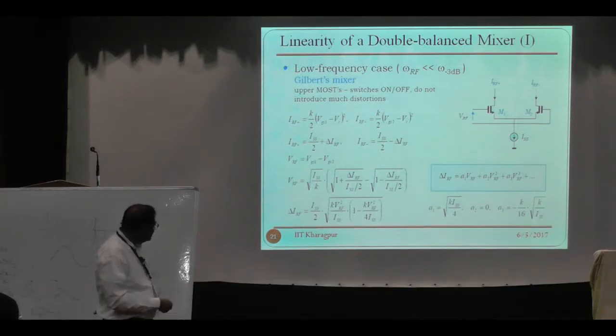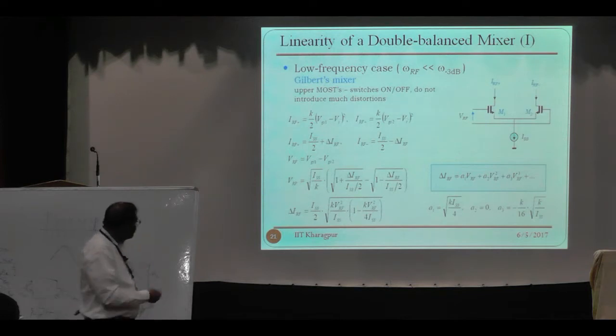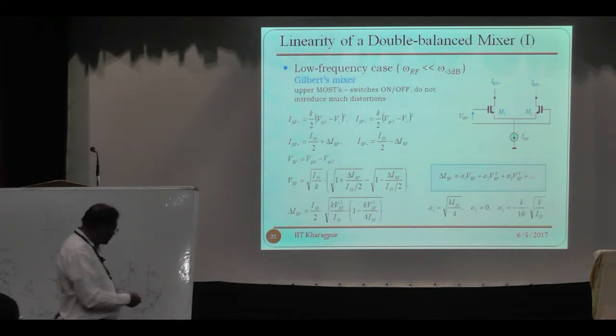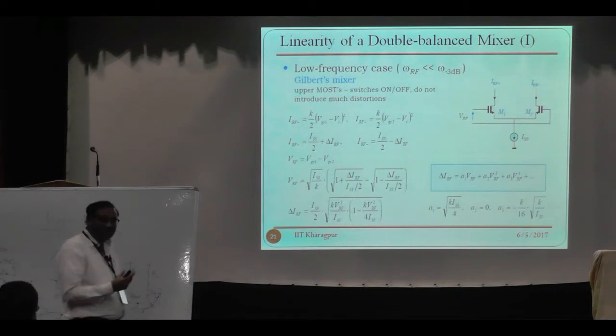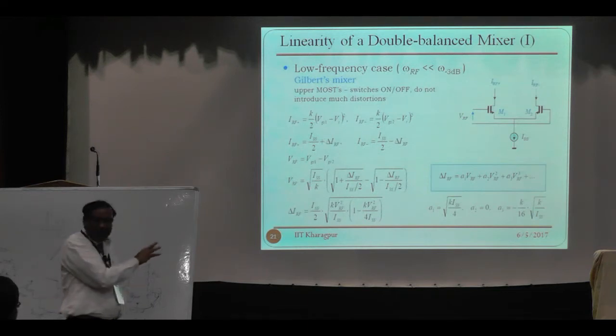So these are the nonlinear terms coming into this RF from these simple equations. We did this for the square law, while Gilbert made this analysis using the exponential law for BJT, but this one is converted to square law devices, the MOS devices.